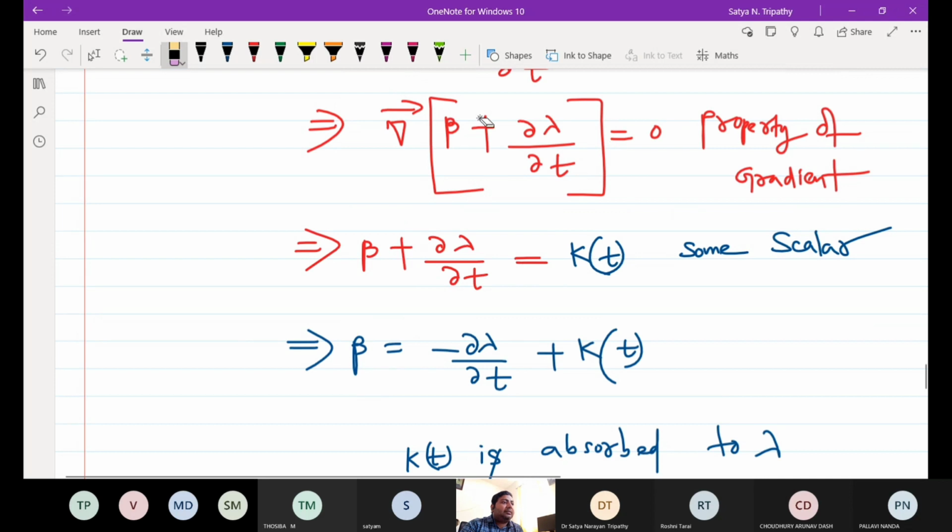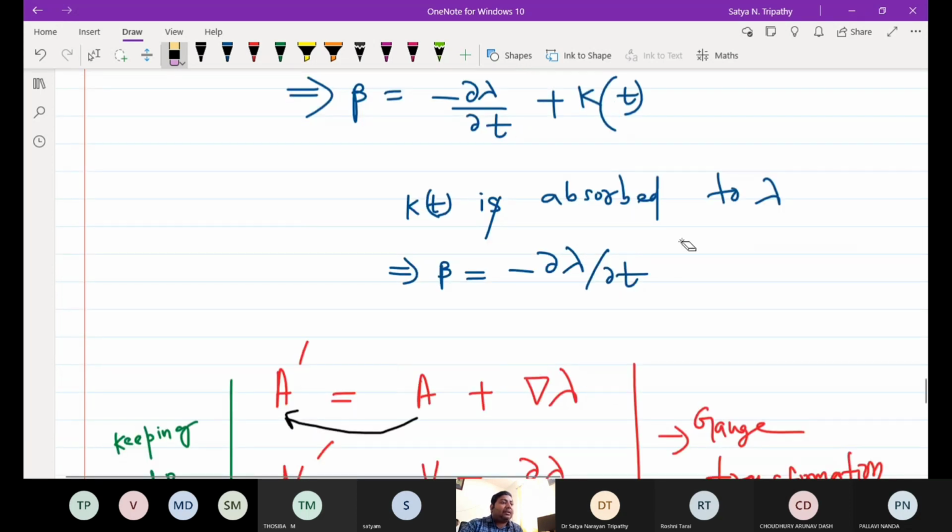Then this is the gradient of 0, so this has to be a function of time, because the time variable is there. So lambda can be absorbed into k. Generally, you can put it as some scalar function, so I absorb k inside lambda. So kt can be absorbed into lambda. In general, I can write beta is equal to d lambda by dt. Is it clear?